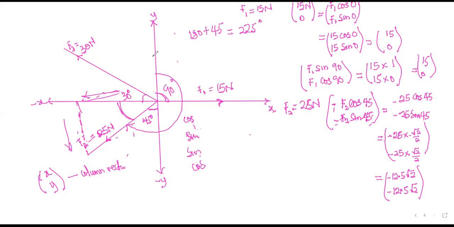So if you are using the angle from the y, then it can be 25 sine 225, then 25 cos 225 degrees. Please, if you use the whole angle from the north, you do not include the quadrants.